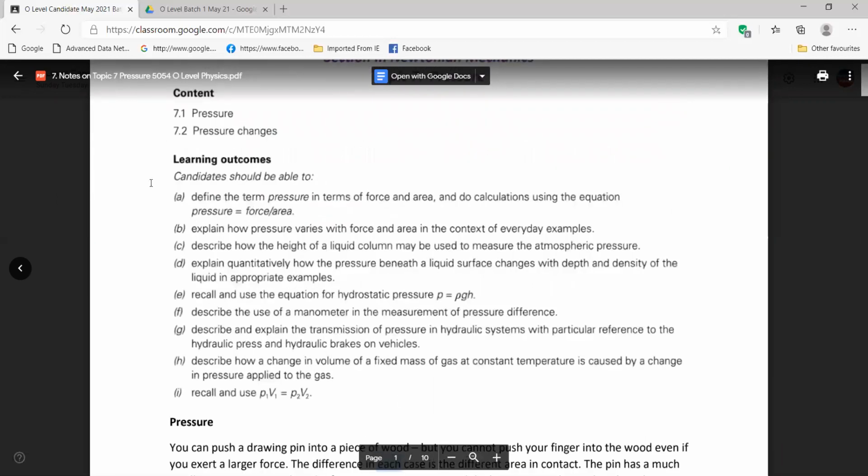Pressure. The first one from pressure was about the hydraulic press. Hydraulic press.